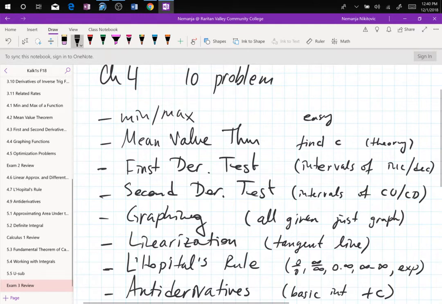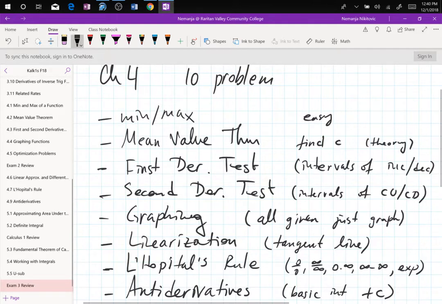L'Hopital's rule will have parts. Integration should have parts, right? The rest of the problems all have parts by themselves. Linearization. You have that formula for linearization, L of x equals f of a plus f prime of a times x minus a. That's just a one-line tangent line equation.